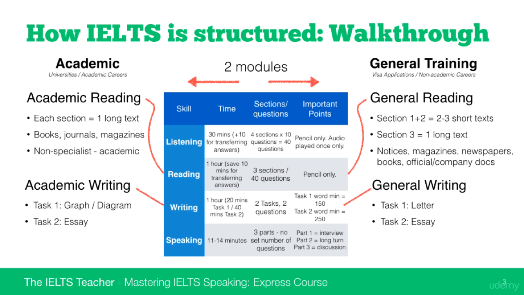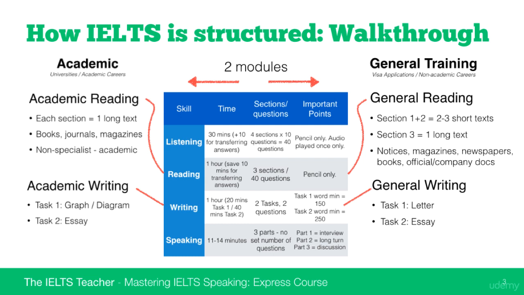First of all, IELTS is split into two modules. You have your academic module and your general training module. You select which module you're going to do based on what your requirements are. You should check this with your industry, with your employer, with your institution before going through with the choice.